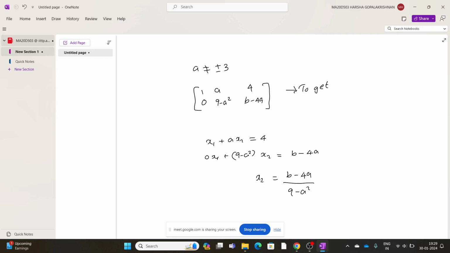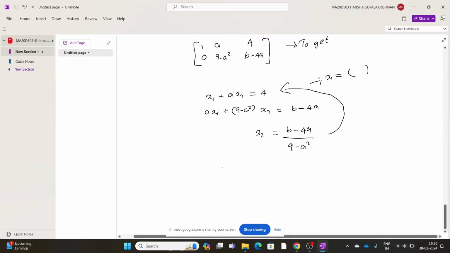So, if it is non-zero, we will get the value of x2. This value we can substitute in this equation to obtain the value of x1. So in that case, we will get a unique solution. Also in this case the number of non-zero rows is 2, correct?